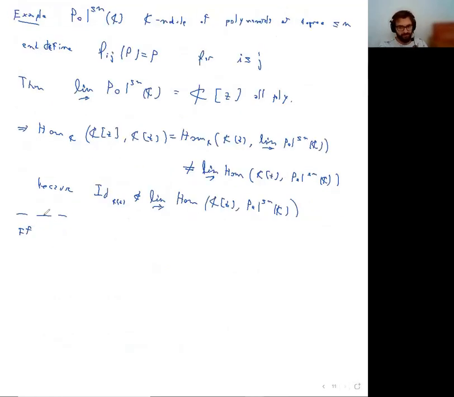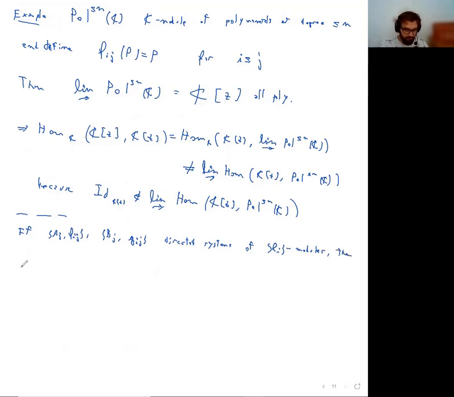Tensor product is nice. Tensor product works really well. So we take two directed systems of R_i modules. So we're moving the module as well.